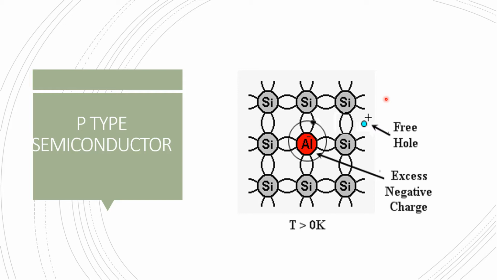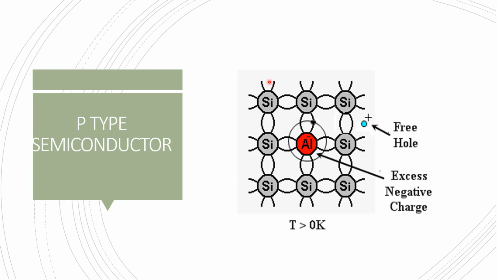In a silicon crystal, these electrons are shared by the neighboring atoms and hence strong covalent bonds are formed. This is bonded with this, this will be bonded to some other silicon, this is again bonded to another silicon. The bonds are so strong that no free electrons are available.